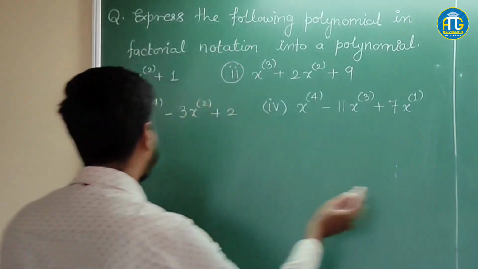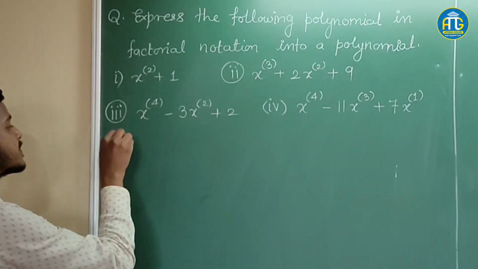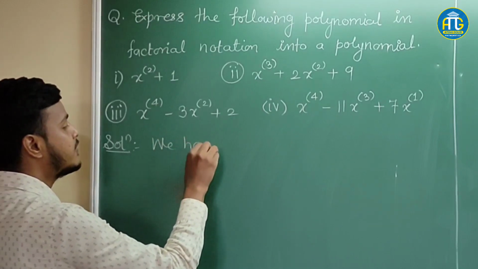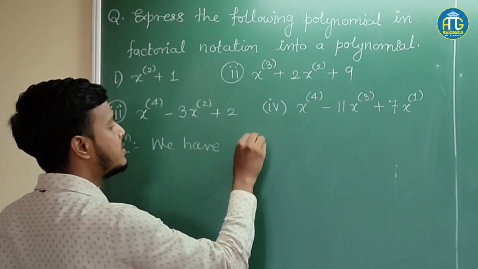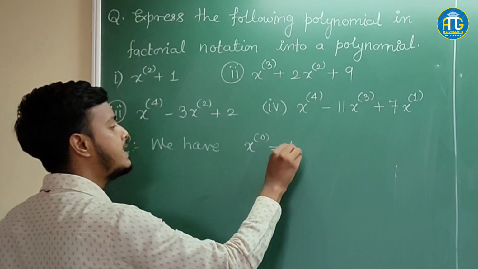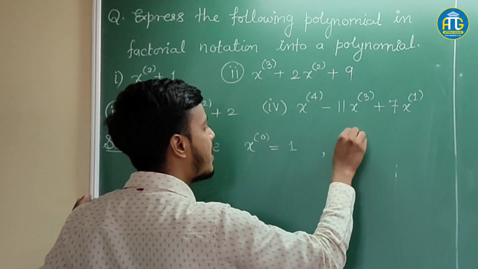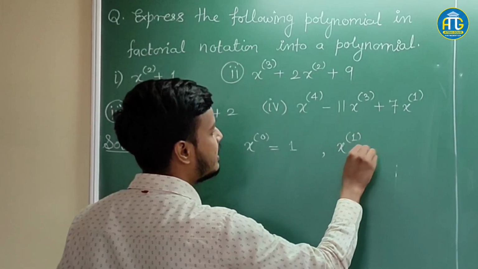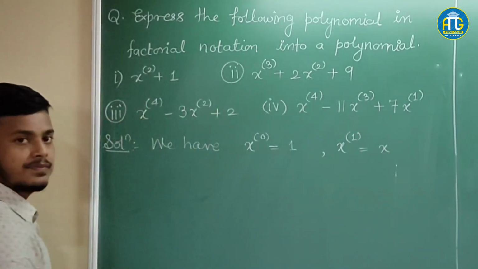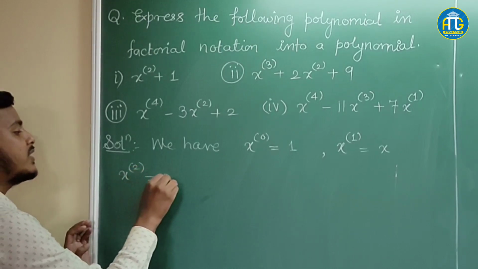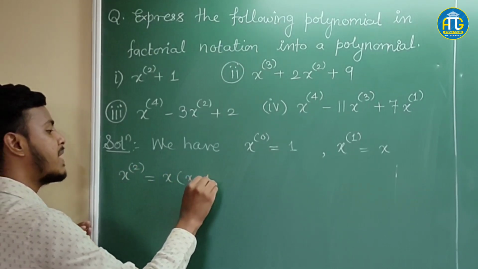These particular factorial notations are: x raised to the power 0 factorial is 1. X raised to the power 1 factorial is x. X raised to the power 2 factorial is x into x minus 1.